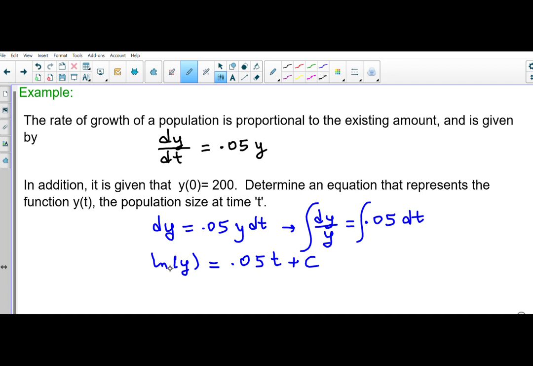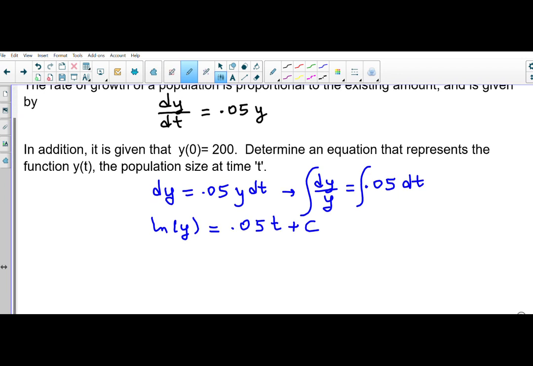To get rid of ln and to solve for y, we're going to need to exponentiate both sides. So let's do that. So e to the ln, basically, you could write it that way. You could say e to the ln y, but they cancel each other, and you end up with y on this side. And on the right side, e to the entire right-hand side, 0.05 t plus c. Now that can be simplified a little bit and written as e to the 0.05 t times e to the c.